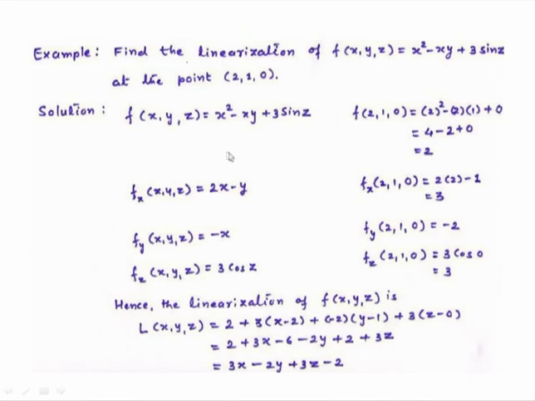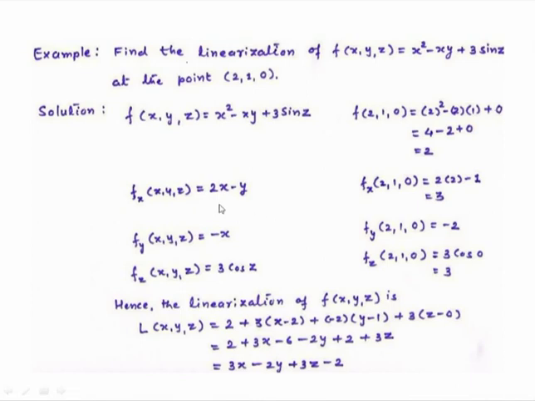Similarly, we can find the values of the partial derivatives with respect to x, y and z at the given point. For that, we differentiate the given function partially with respect to x first. So del f by del x at the point x, y, z is 2x minus y, and the derivative of this is 0.